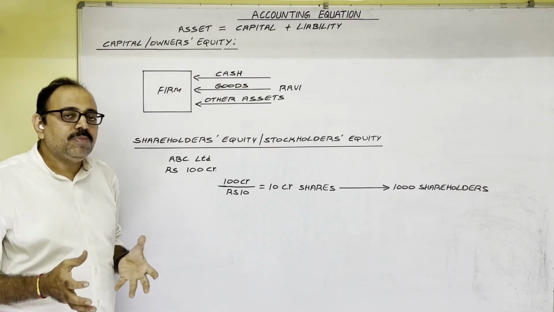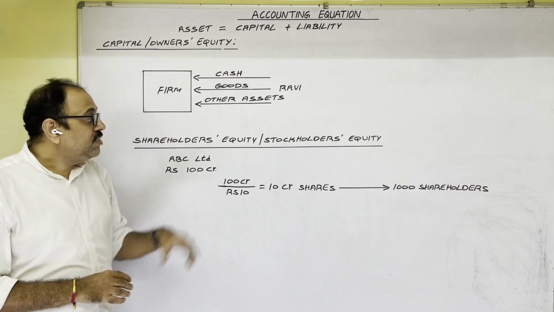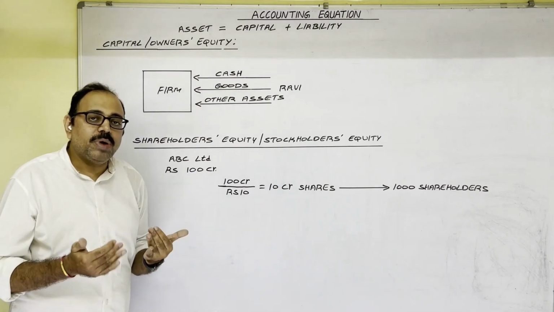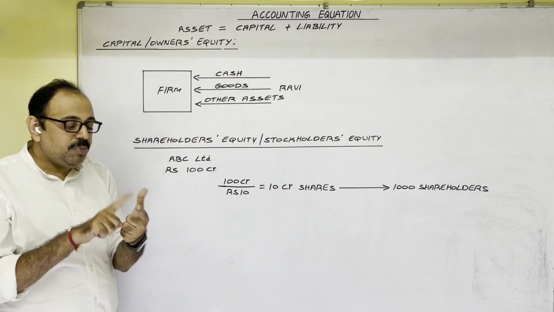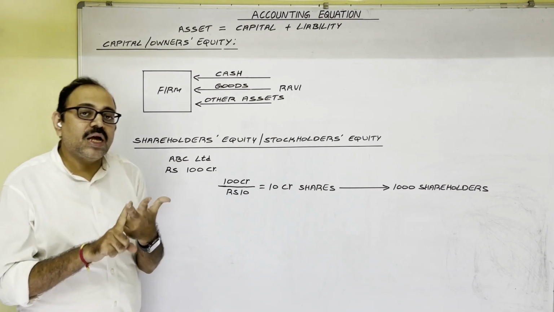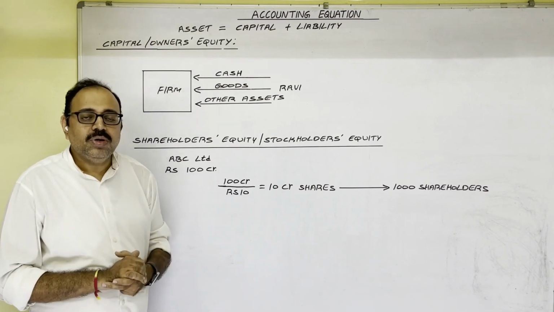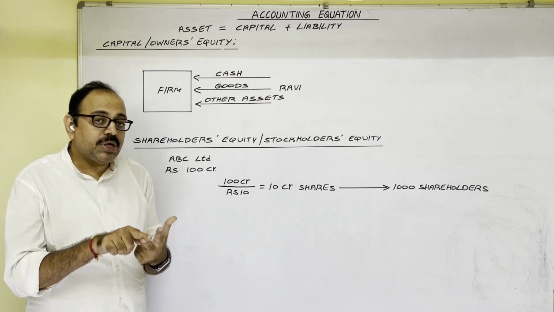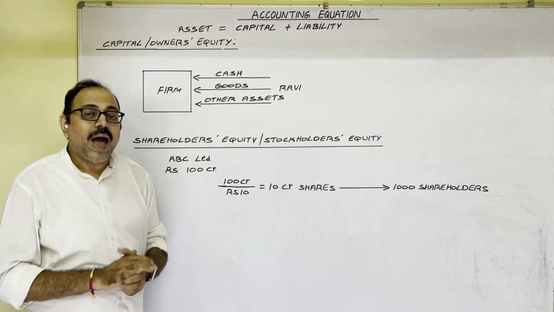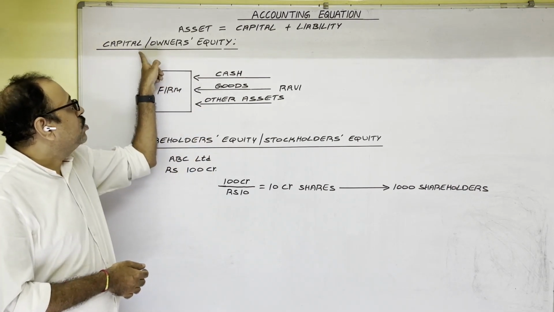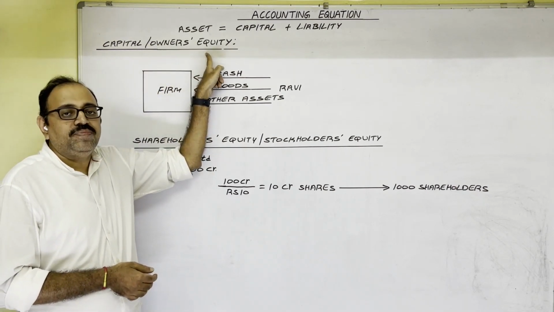So these family members are owners there. Otherwise, partnership. So here capital is brought by the partners. If A, B, C, three partners are running a business, then these three members bring capital, no? And A, B, C, three members are owners. So as owners are bringing this capital, capital is also known as owner's equity.